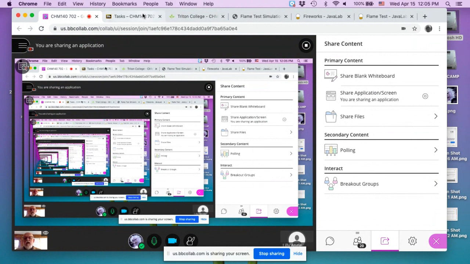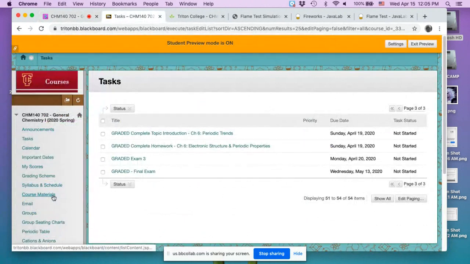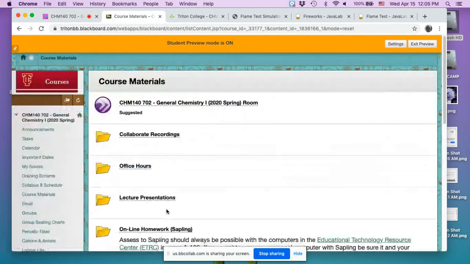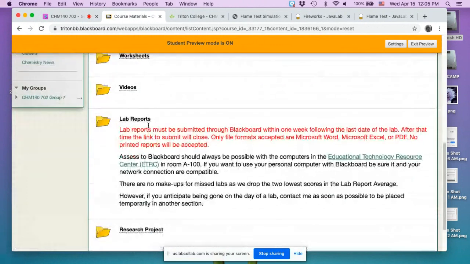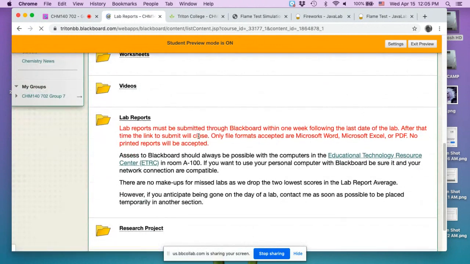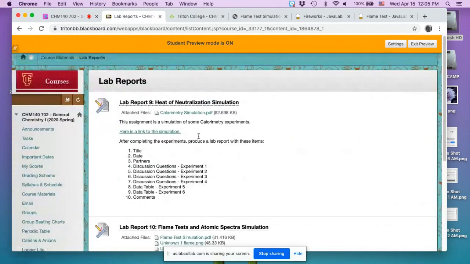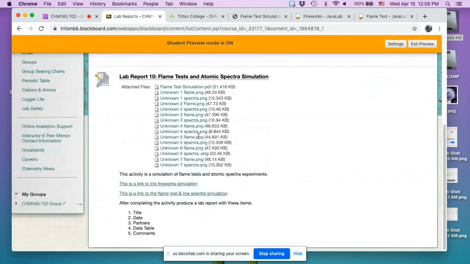So let's take a look at the lab we're going to do today. You go to course materials like usual, go to lab reports, and we're going to be doing lab report 10, experiment 10, atomic spectra simulation.